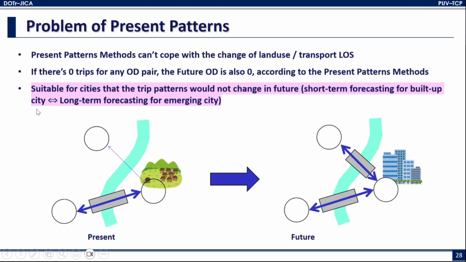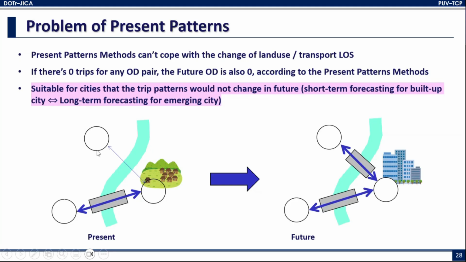However, long-term forecasting for very emerging cities like Metro Manila and Bangkok, or so-called emerging countries, is not so suitable. For example, there are three traffic zones, and zone A to zone B is connected by a bridge.